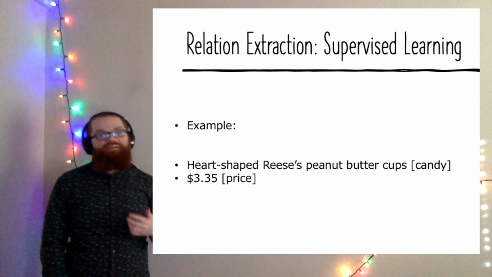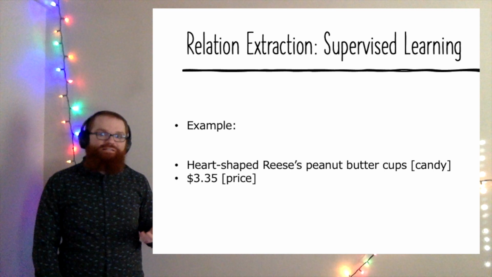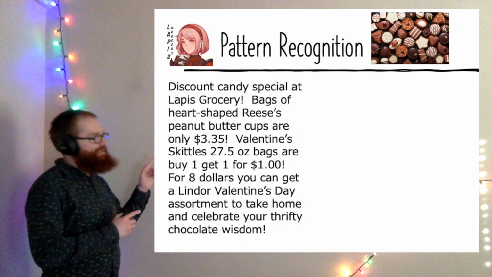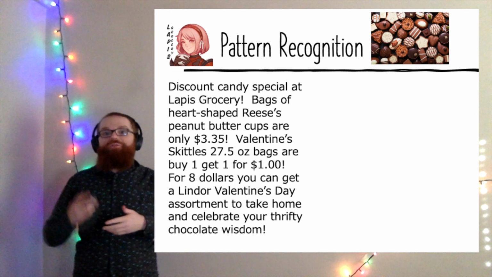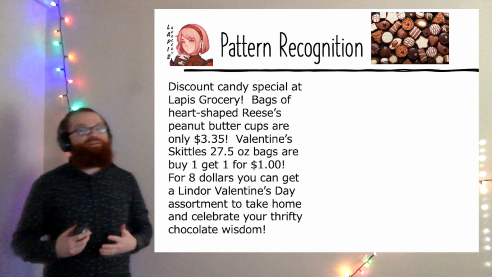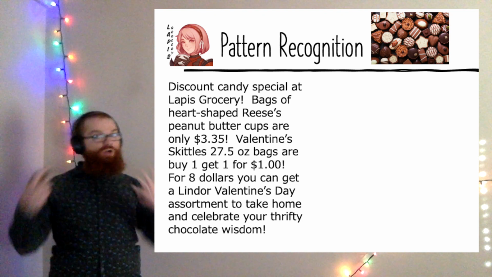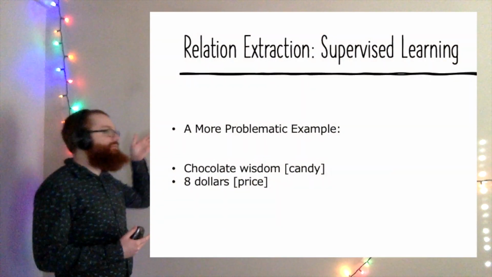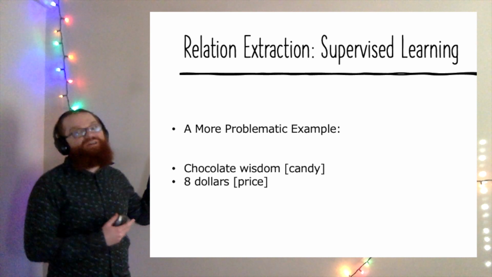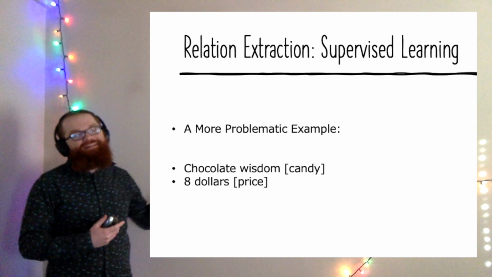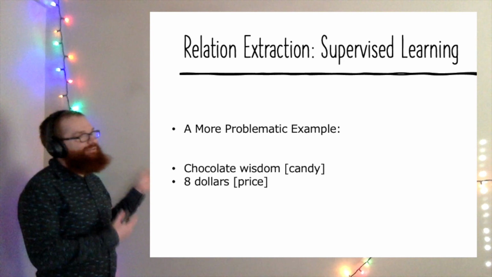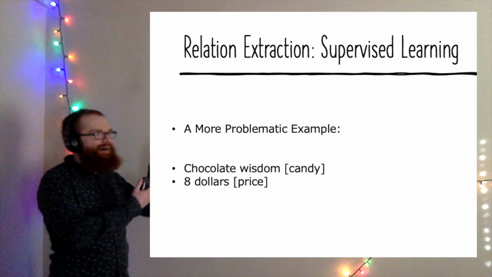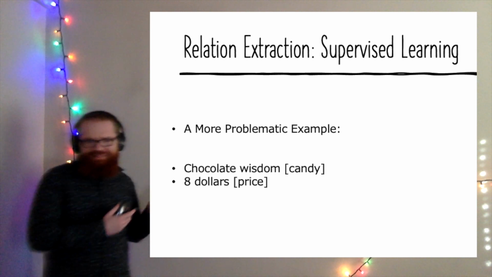Now, of course, in this particular instance, that can be kind of hit or miss. Think of our third sentence here. While the algorithm might have been trained to recognize items like chocolate and prices, it might correctly latch on to $8, but instead of recognizing the Lindor Valentine's Day assortment, it might think that it's $8 for chocolate wisdom.